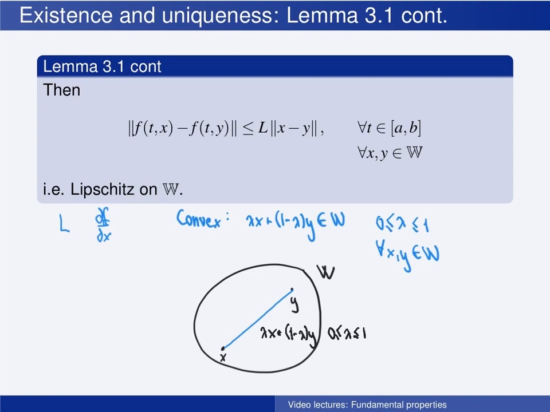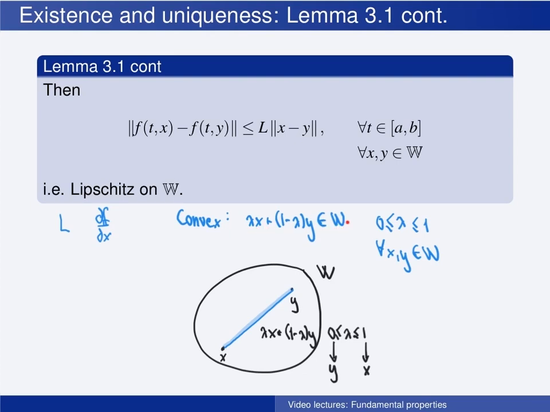If lambda is 0, then we get y, and if lambda is 1, then we get x. And for all other values of lambda, between 0 and 1, we get the points on this line segment. The set is convex if this is satisfied.